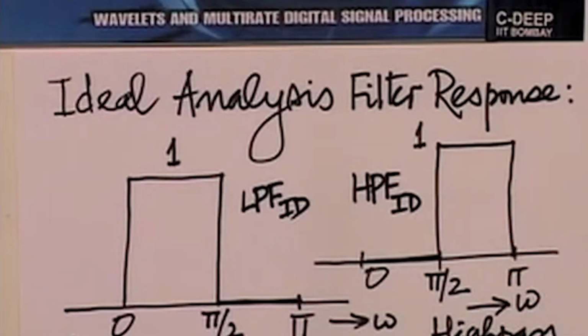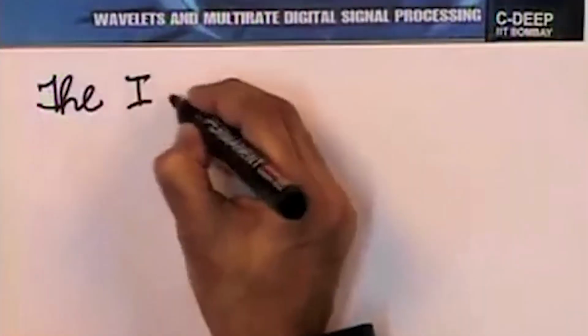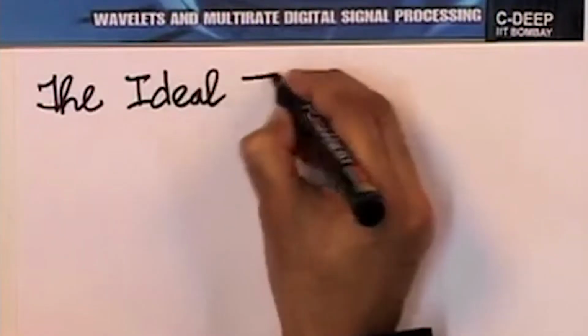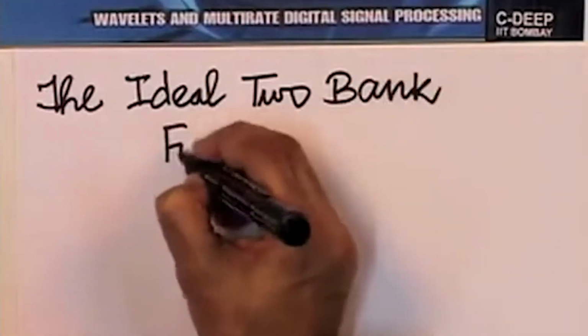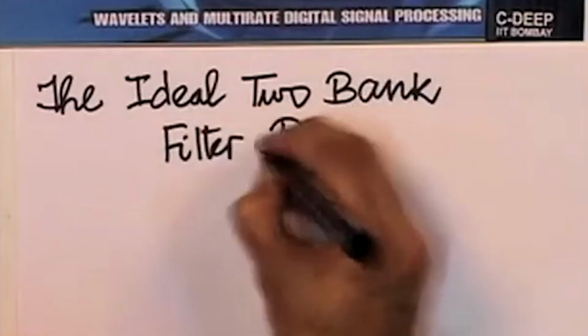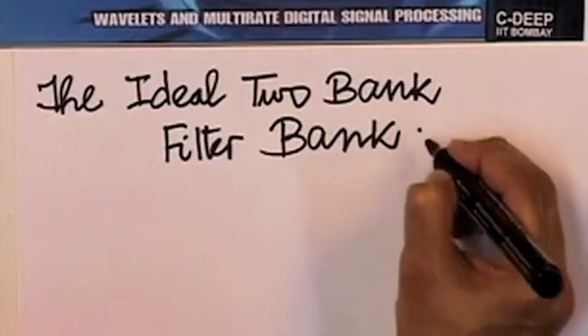Let us now put down the ideal frequency responses of all the filters, analysis and synthesis, in a 2-band filter bank. So, where are we moving? In what direction are we moving? So, the ideal two-band filter bank would have the following structure.